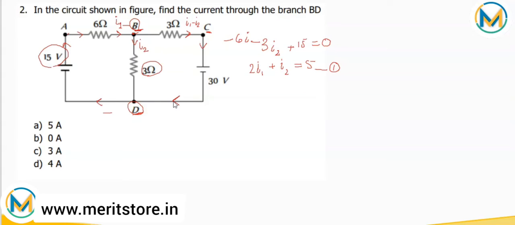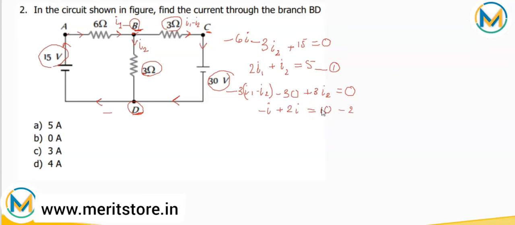Here this 3 ohm has the current I1 minus I2, so I can write minus 3 (I1 minus I2), then there's a 30 volt voltage, that means minus 30, and this 3 ohm with I2 going in the reverse direction, so plus 3 I2, which equals 0. Rearranging, we get minus I1 plus 2 I2 equals 10.